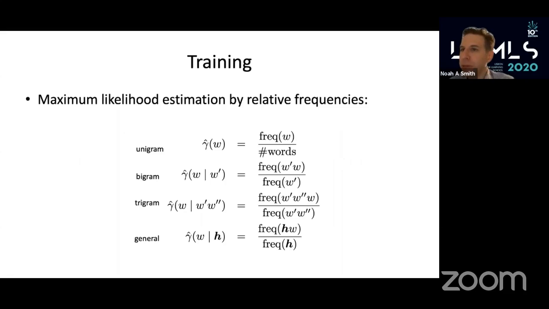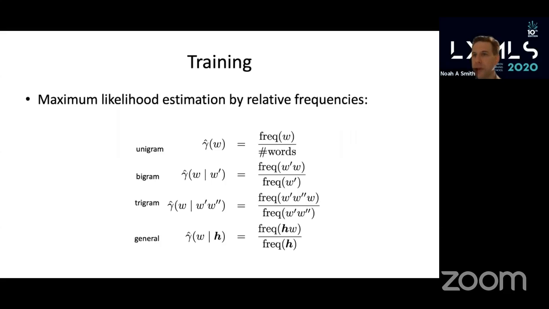So you divide by the frequency of the history, not the frequency of all possible n-grams. For example, looking at the third line, the trigram, you're actually dividing by the frequency of the bigram history, w prime, w double prime. And this will give you the conditional distribution of the next word given the history, rather than the joint distribution, which is what you would get if you divided by the total frequency of everything.